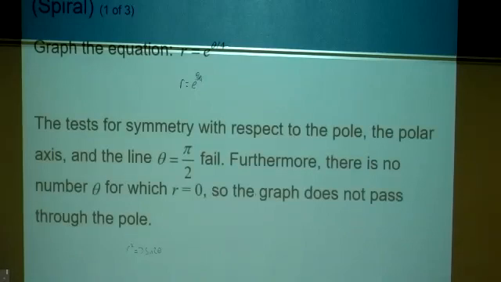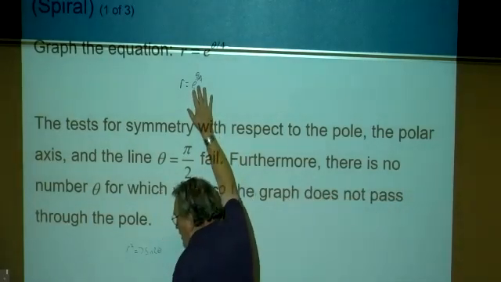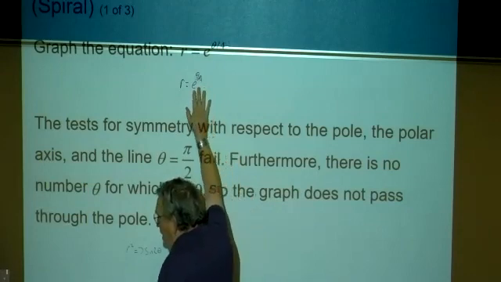Test for symmetry. r will never equal 0, so it never passes through the pole, right? Because if you remember, the range of e to a power is positive real numbers.